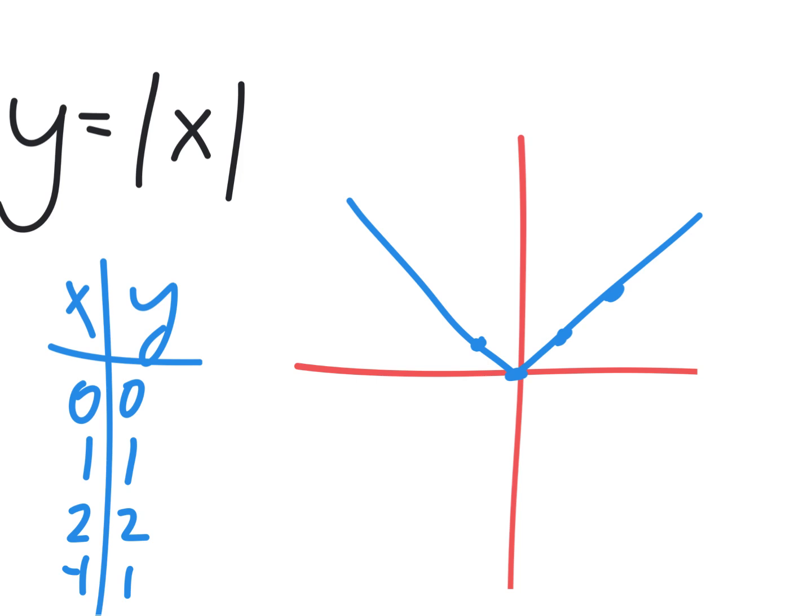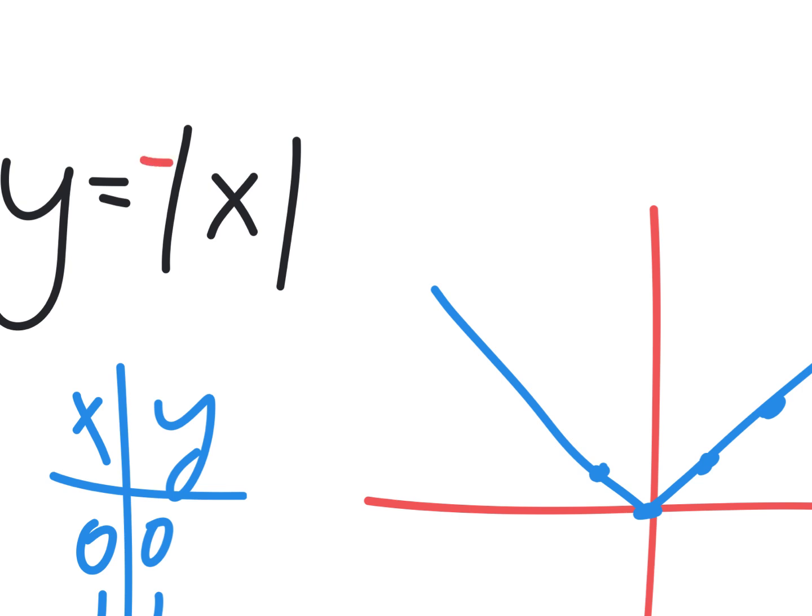There are three different representations for things in math. You can just look at points, you can look at the way the graphs look, or you can look at the equation. Now, what do you think happens if I put a negative right there? Well, remember I taught you HOVI?